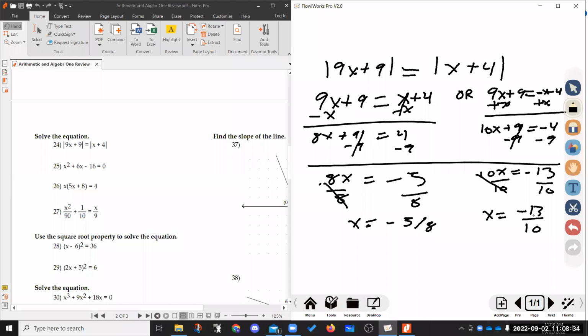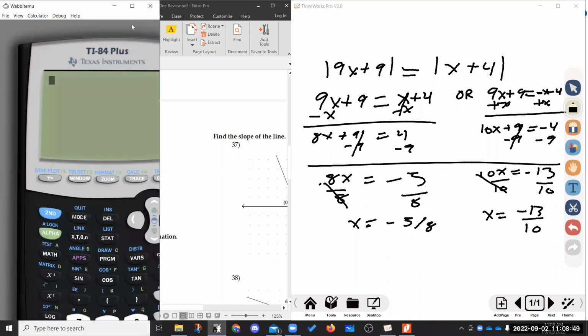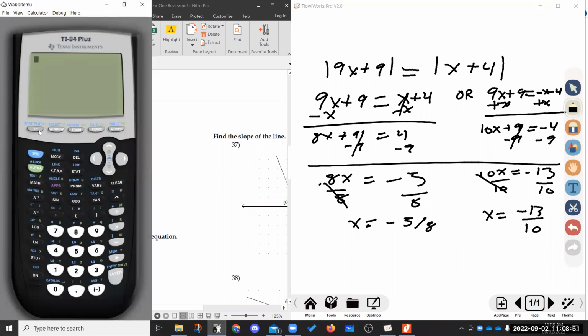Let's graph this though, and let's prove that those are the only two answers, because you may not necessarily see the algebra that I just did there. So this is going to be y equals, and I'm going to have math, number, ABS, 9x plus 9.